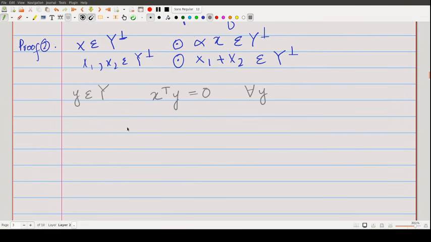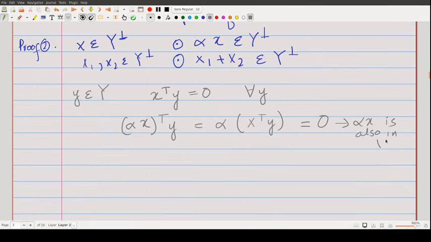And now if I consider alpha x, I can rewrite alpha x transpose y, but I know that x transpose y is simply 0, which means that alpha x is also in the orthogonal complement, because this vector was orthogonal to every possible vector y in this space.